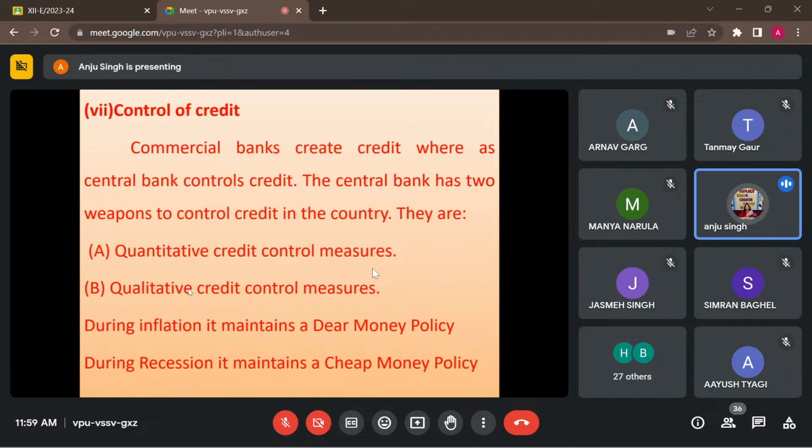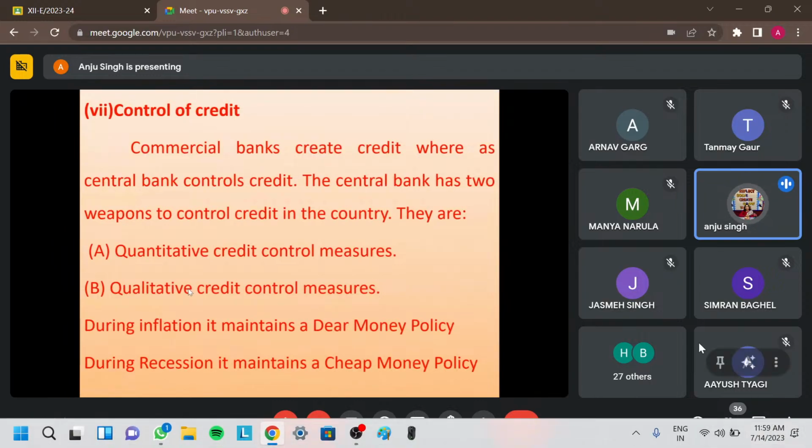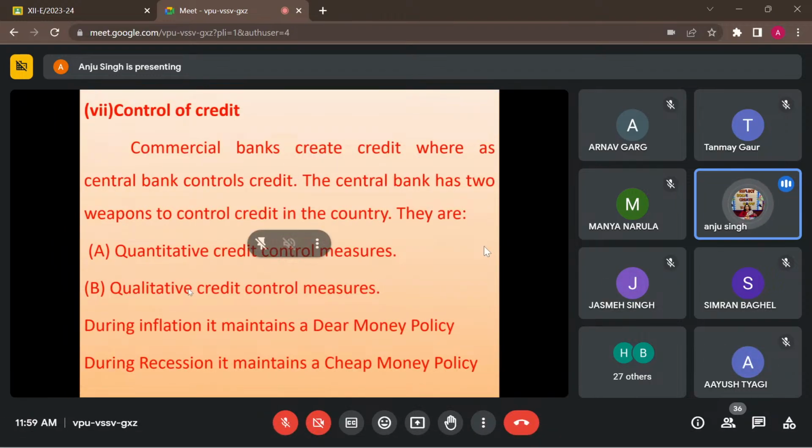So all the quantitative credit control measures, which you have studied also, are those tools which will regulate and control the amount of credit, the flow of credit in the economy. Now, all of you go through those 5-6 tools: CRR, SLR, reverse repo rate, bank rate, reserve ratios, and tell me which ones will qualify as quantitative credit control measures.